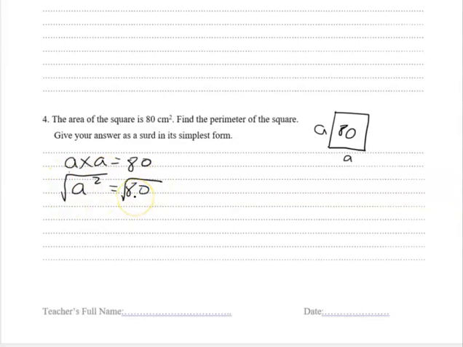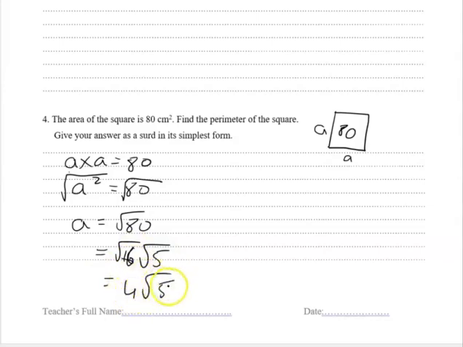Now the square and the square root cancel out. So we're going to get A equals the root of 80. Now square root 80 can be simplified further, and that's going to give us root 16 and root 5. And the square root of 16 is 4, and then you have root 5 next to it.